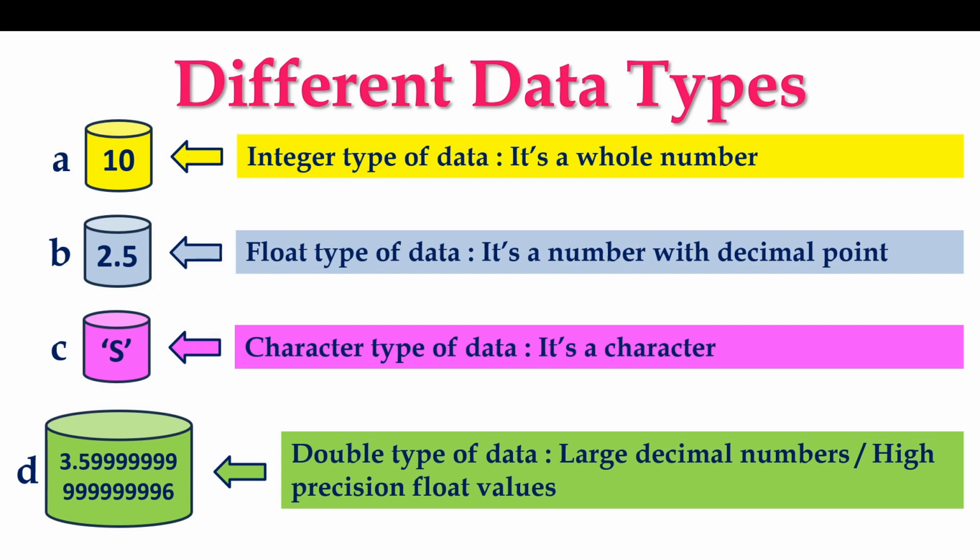You can see the example. D is a variable which is holding double type of data. It is the large decimal number that can be stored using double type of data type. Got it?